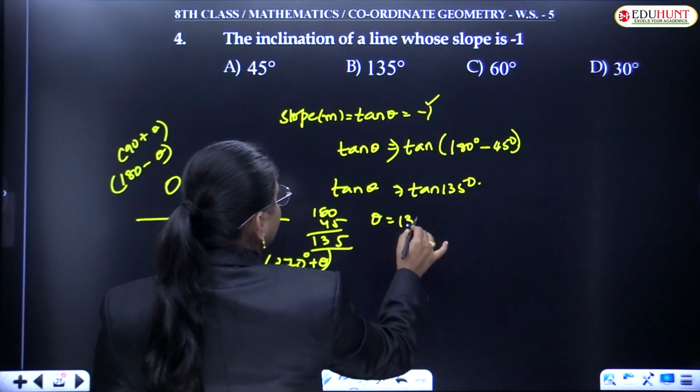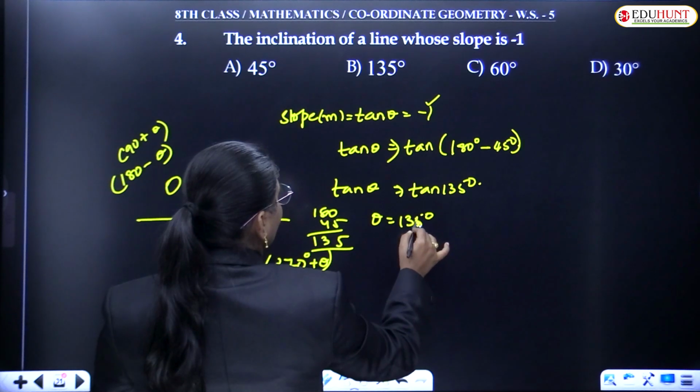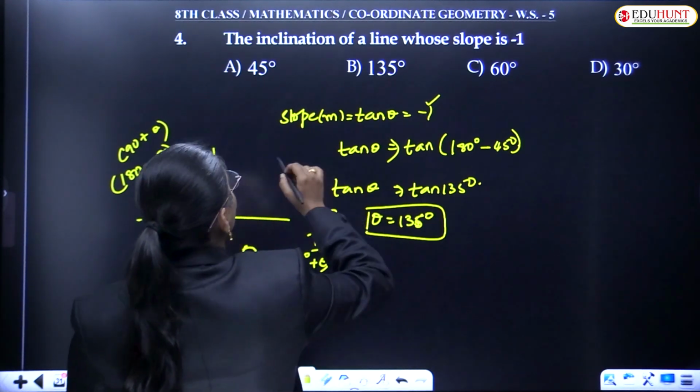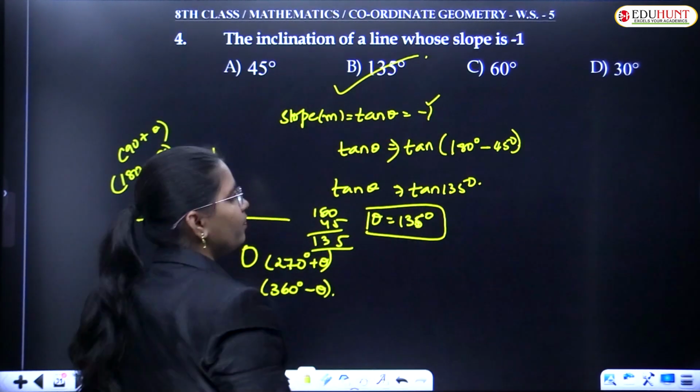So what is the inclination value? Theta is equal to 135 degrees. So what is the answer? It's option B.